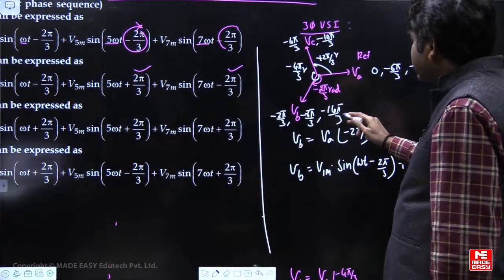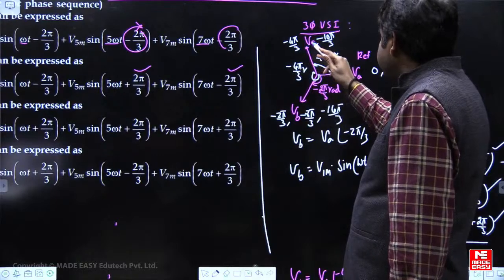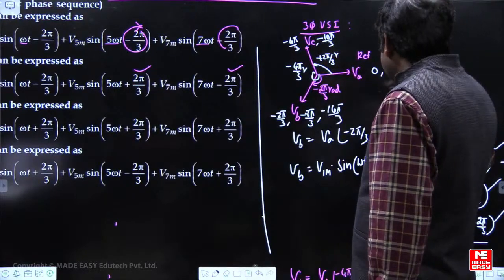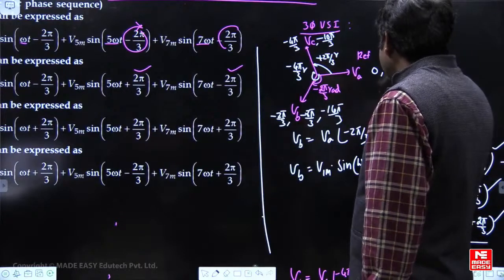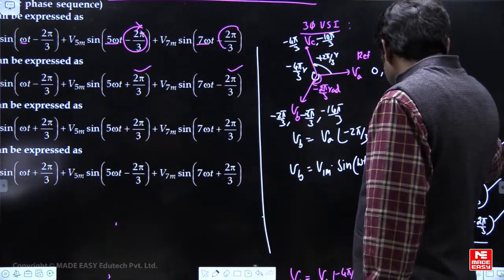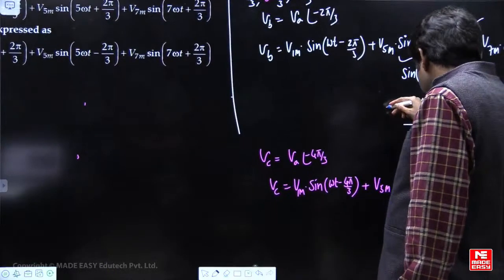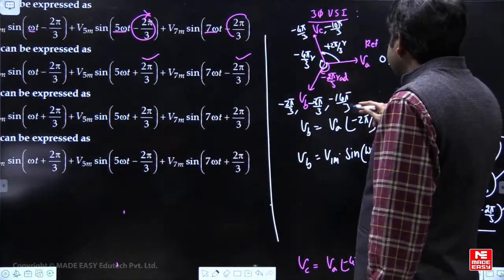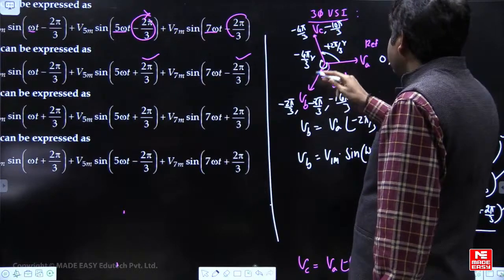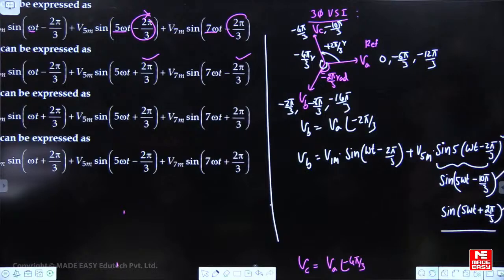So minus 14 pi by 3, again minus 16, 18, 20, 22, 24. How much is there? Up to 28, no? See, 24, 26, 28. So 28 pi by 3 is here.